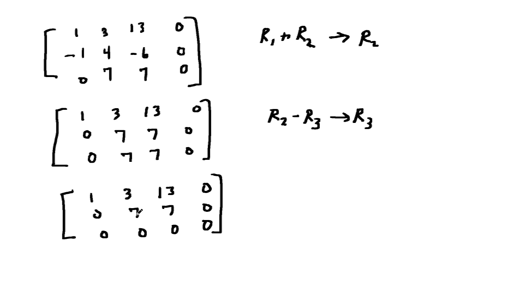Look at the second row. Notice 7 is the leading coefficient. Let's make that a 1. So divide out by 7.